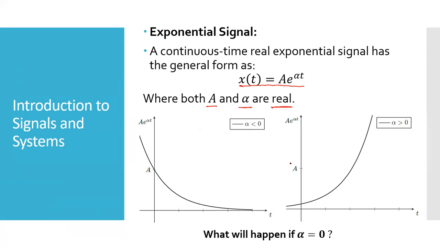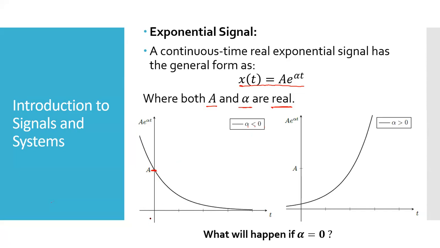So assuming that a and alpha both are real. Fine. So when alpha is less than 0, your signal will look like this. This is for alpha less than 0.